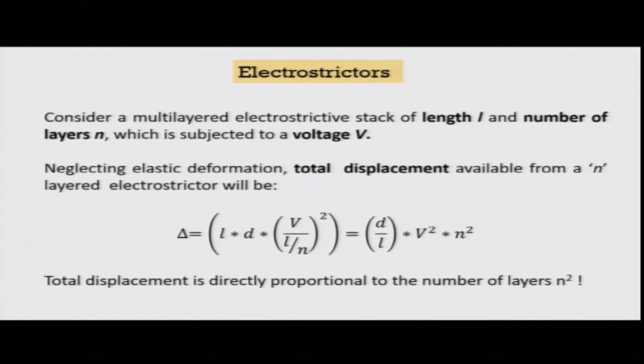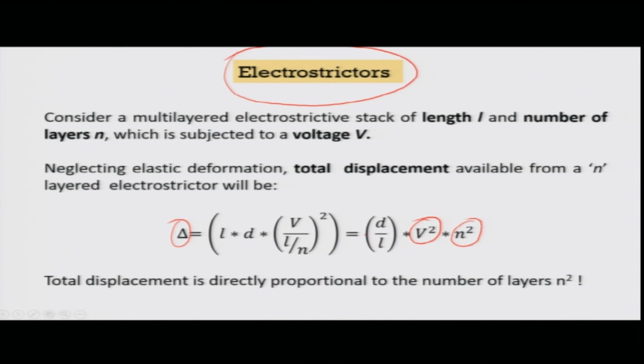The other important thing is that instead of using the piezoelectric effect, sometimes people use an effect which is non-linear in nature, called electrostriction. In the case of electrostriction, as you can see, the deflection is proportional to the square of the number of layers and also to the square of the voltage.